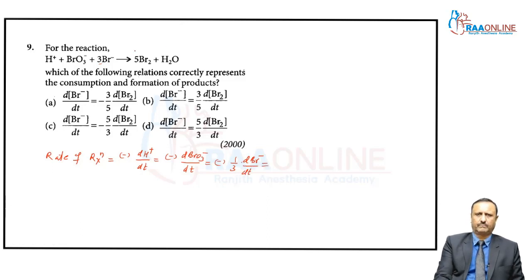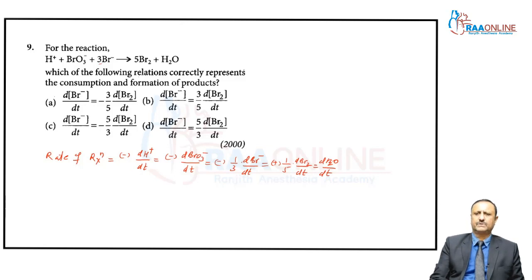Now for the product, the concentration increases, so the plus sign is present, and the stoichiometric number gives 1 upon 5 into dBr2 upon dt. The question asks which relation correctly represents the consumption or formation of the product.